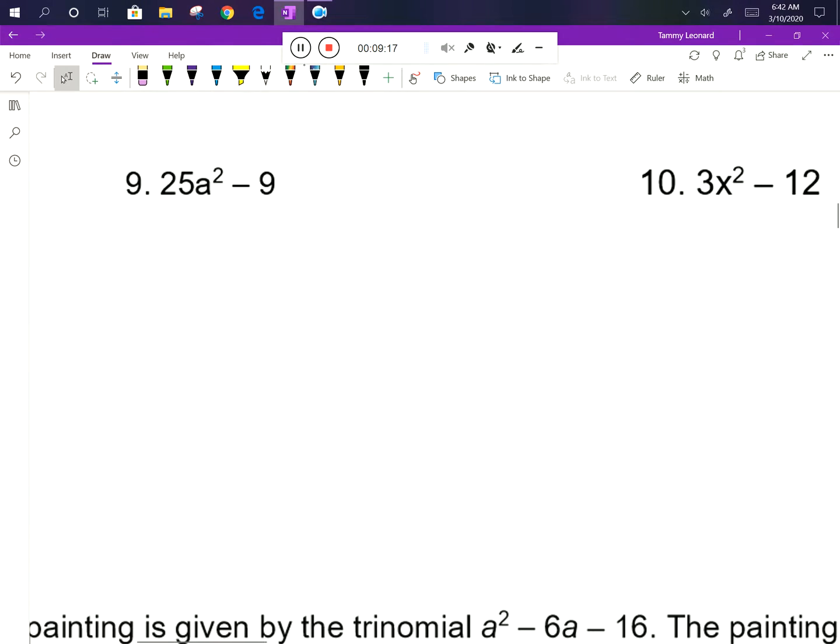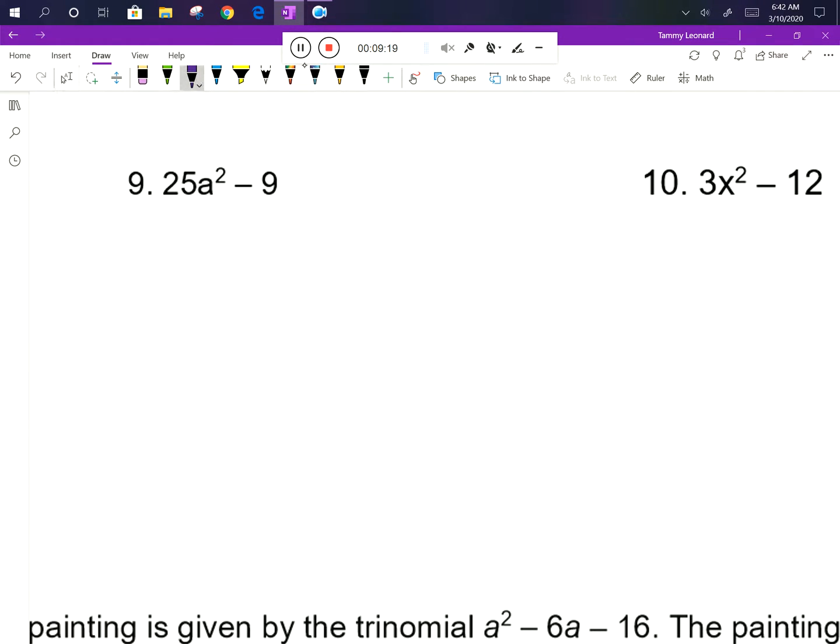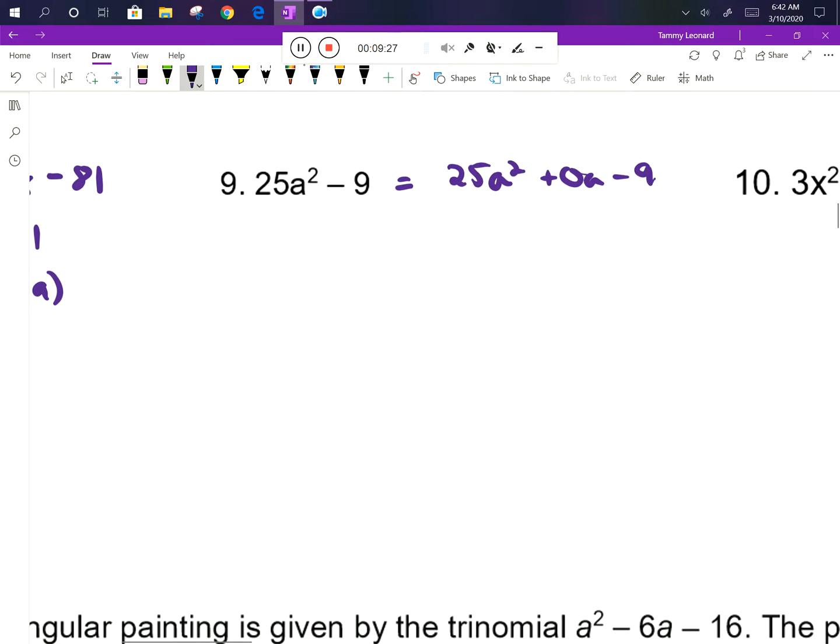We have a similar situation in number 9. We need to put in that 0a in the middle so that we have a middle term to split. So I'm looking for two numbers that multiply to make negative 225a squared and add to make 0a.